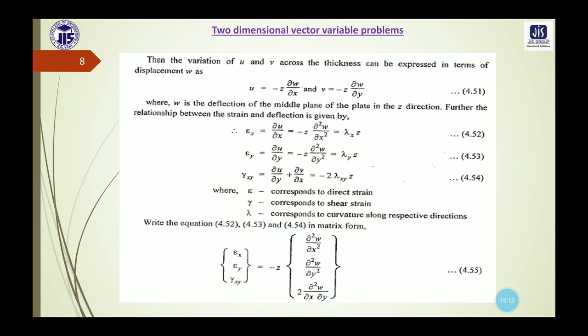So these are the three equations which reflect the relationship between the strain and deflection. In these equations, epsilon corresponds to direct strain, gamma corresponds to shear strain, and lambda corresponds to curvature along the respective directions.